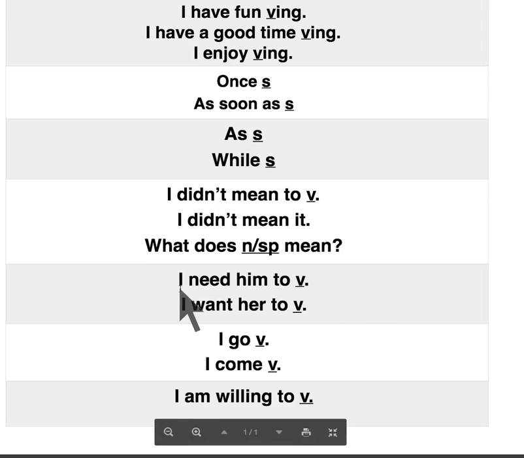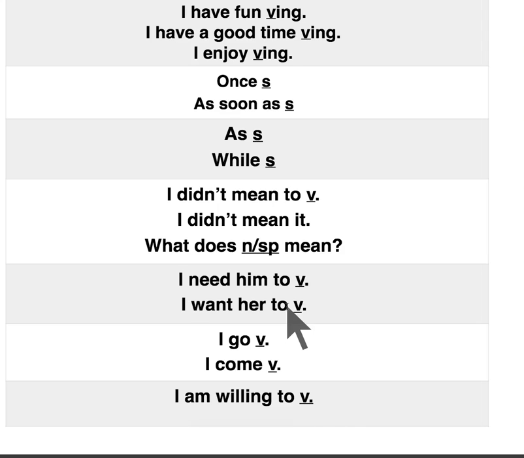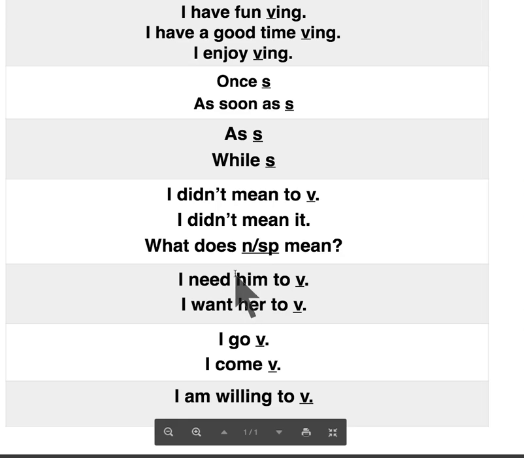This particular one, I need to go, I want to go, we learned actually in our first hour here. And these two patterns also carry an object pronoun, or you can put a person's name in here. I need him to come here. I need John to do it. I want him to talk to her.